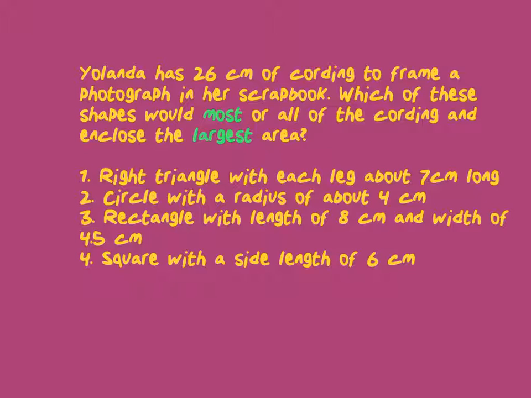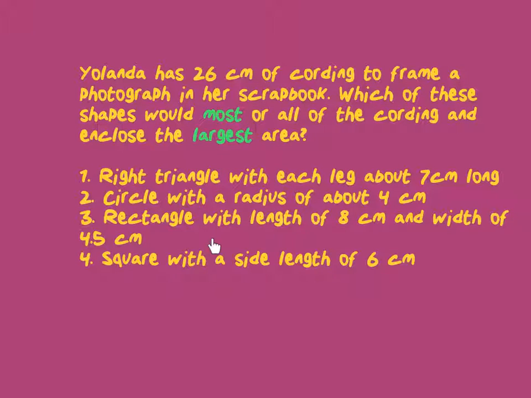What this is asking us is which of these 4 options would use most or all of the cording that she has. In other words, which would have the largest perimeter and enclose the largest area.